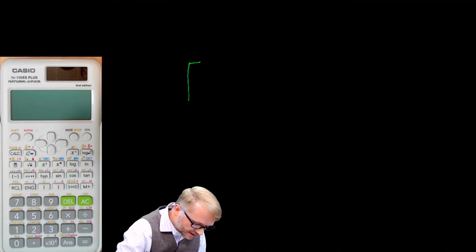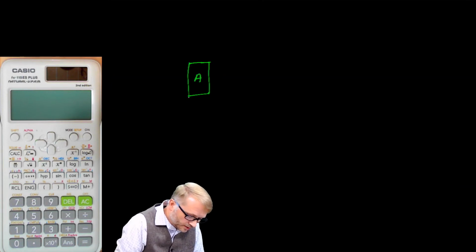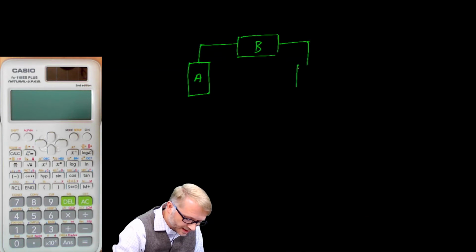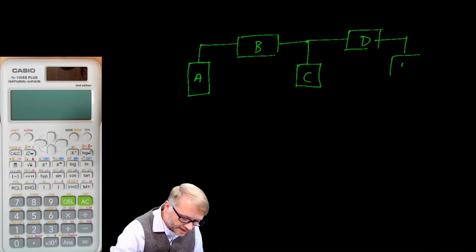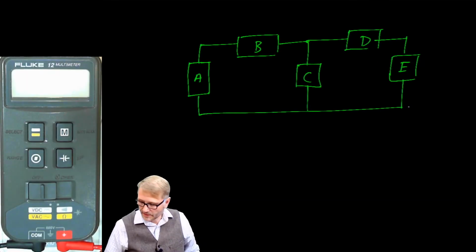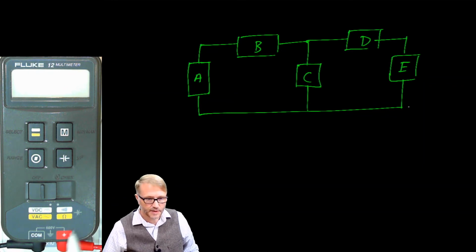Suppose we have an element, and we'll call that element A. We don't know if it's a power supply or a battery, but it doesn't matter. We have an element B, an element C, an element D, and an element E. We'll follow the convention described on this meter right here, and we'll use the red probe as a plus.